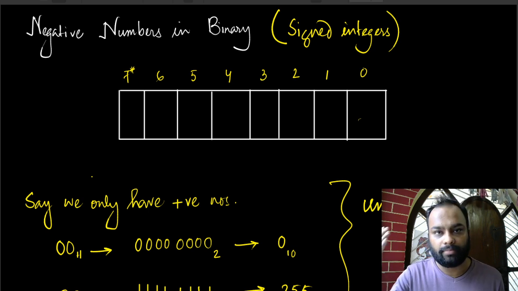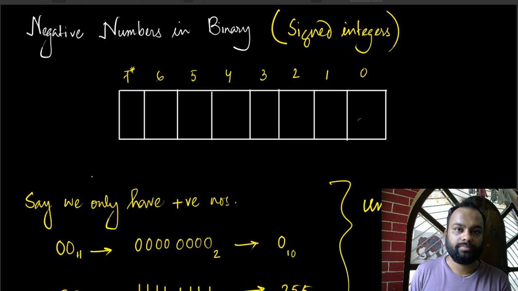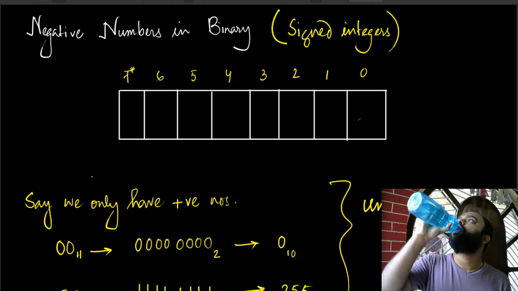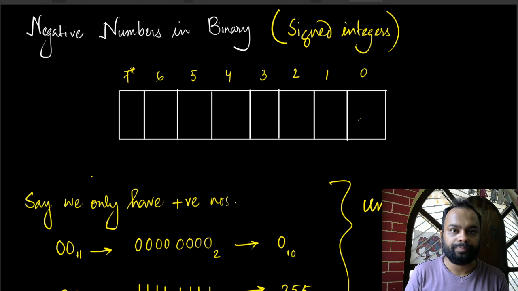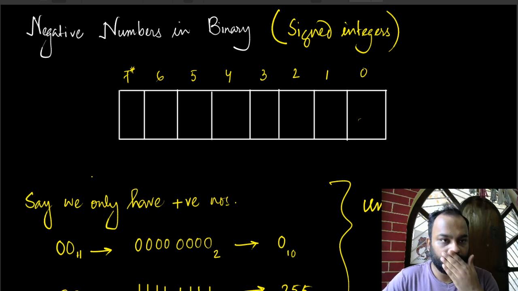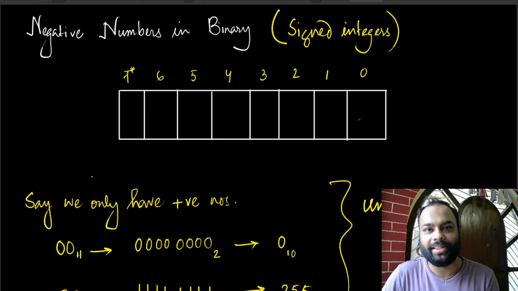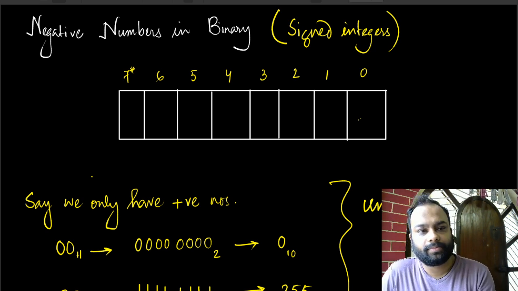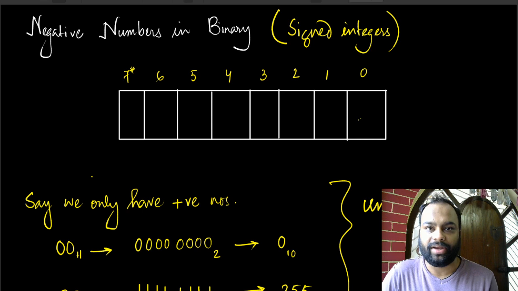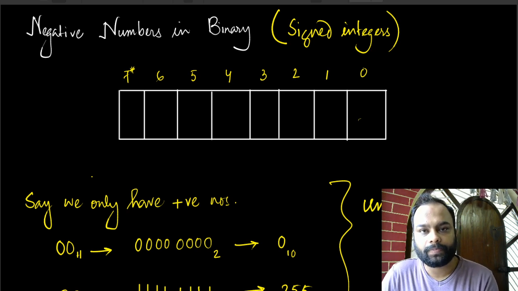Give me a number below 127. The idea is we have to understand everything, and understanding the binary number system is very important here.